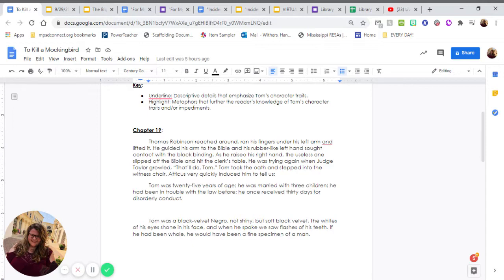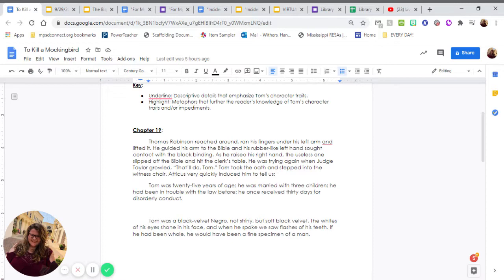Thomas Robinson reached around, ran his fingers under his left arm and lifted it. He guided his warm arm to the Bible, and his rubber-like left hand sought contact with the black binding. As he raised his right hand, the useless one slipped off the Bible and hit the clerk's table. He was trying again when Judge Taylor growled, "That'll do, Tom."